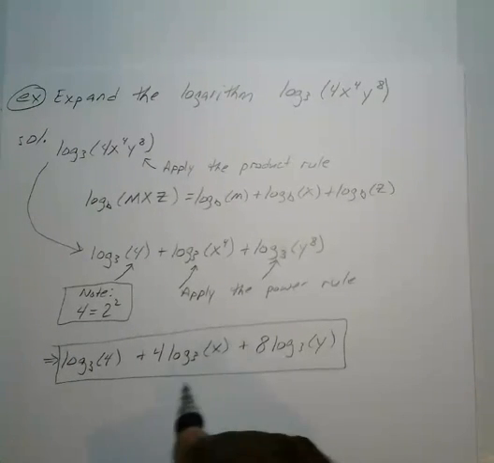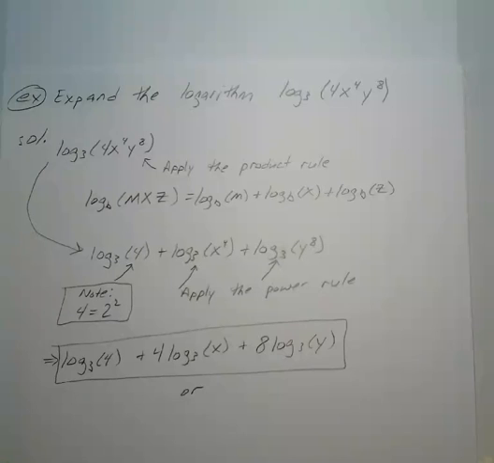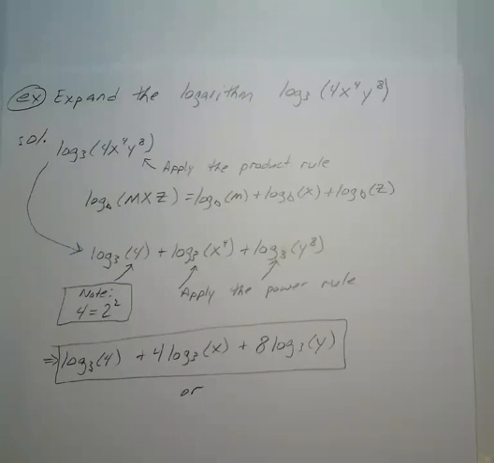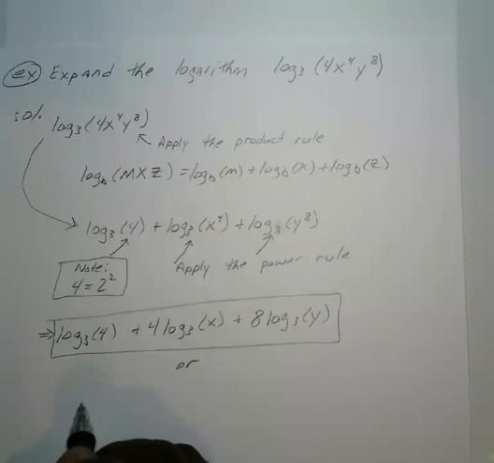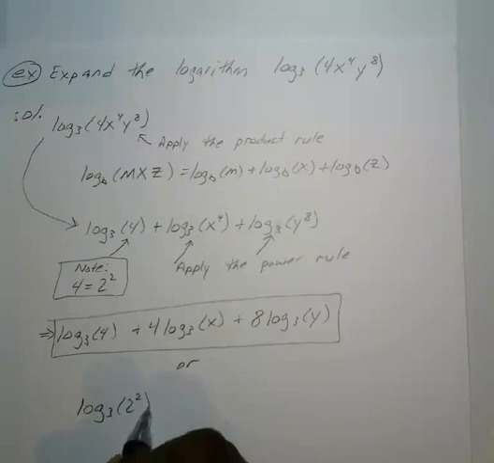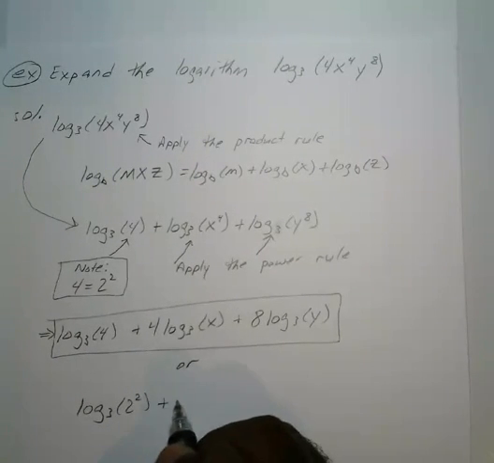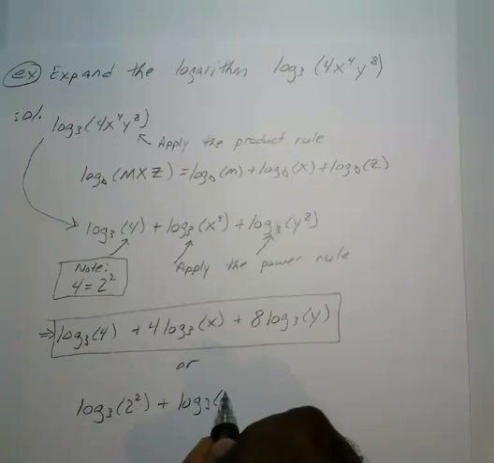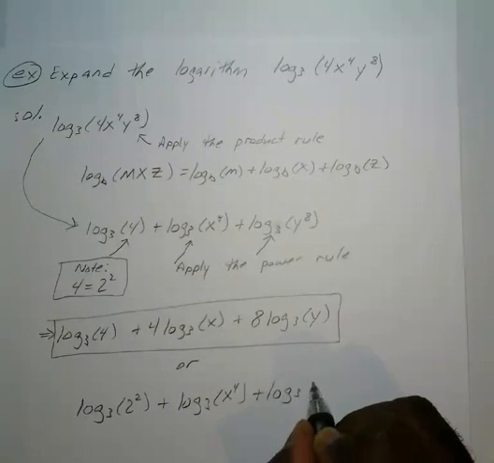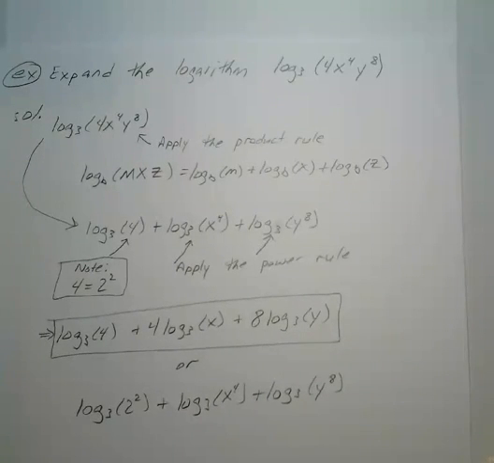Okay. Now another way it could look is, remember, if we rewrote that as log base 3 of 2 squared, because remember 4 is equal to 2 squared. So if we have log base 3 of 2 squared plus, and remember applying the power rule, well, let's just leave it like that for now. Let's say log base 3 of x to the 4th plus log base 3 of y to the 8th.